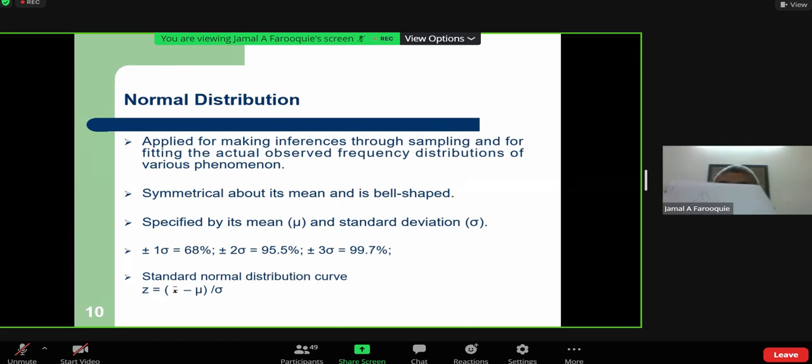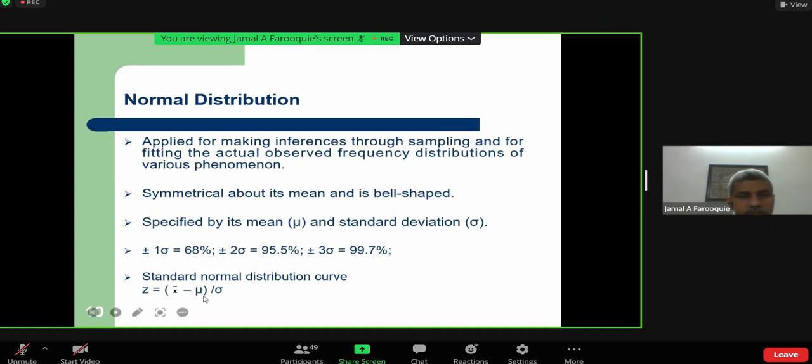For this standardization, we convert x, which is representing that variable, in our case the scores obtained by the students in QT class, into a standardized variable, what we call z. Once we standardize, we can use a standard statistical table for solving the problem.